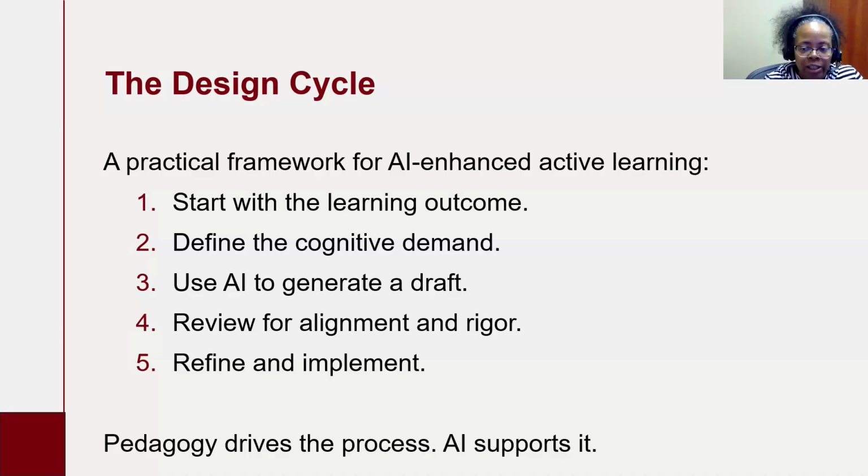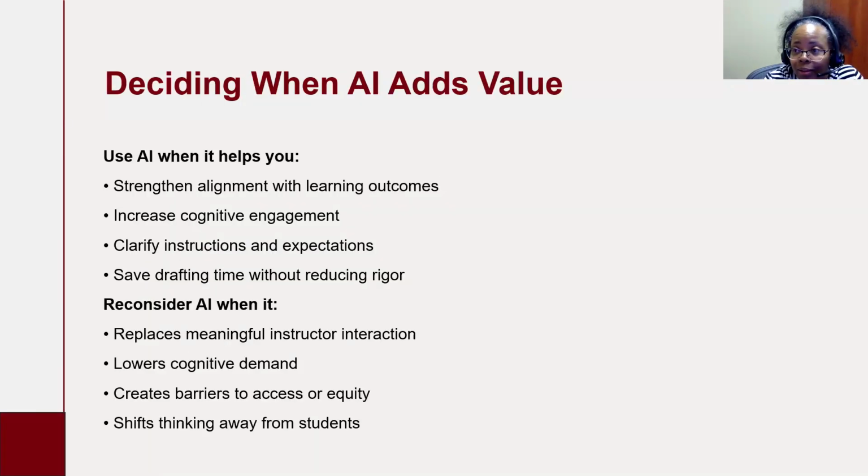So, as we think about integrating AI into our work, the next question becomes, when does AI actually add value? And so, as you take a look at this slide, deciding when AI adds value. It adds value when it strengthens alignment with our learning outcomes, when it helps clarify what students are supposed to apply, analyze, evaluate, create, when they are supposed to do something that's meaningful for engagement.